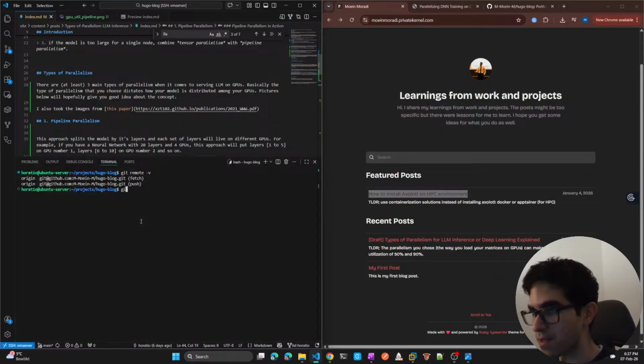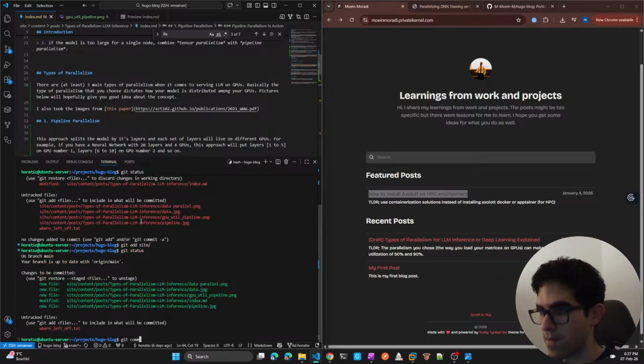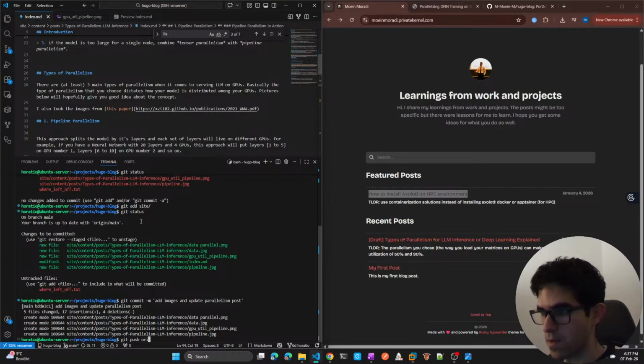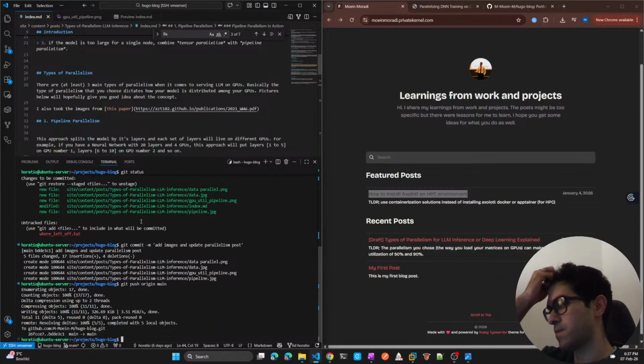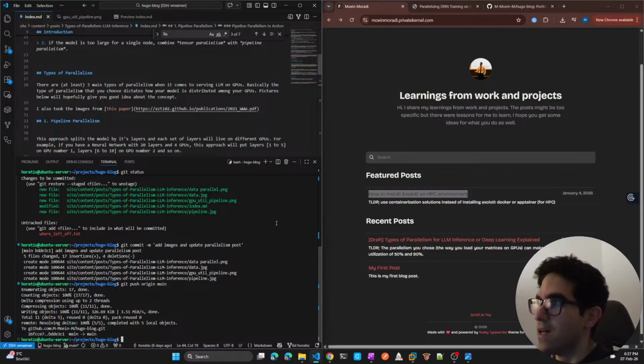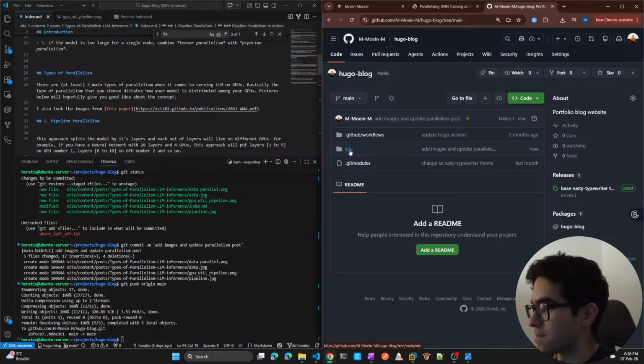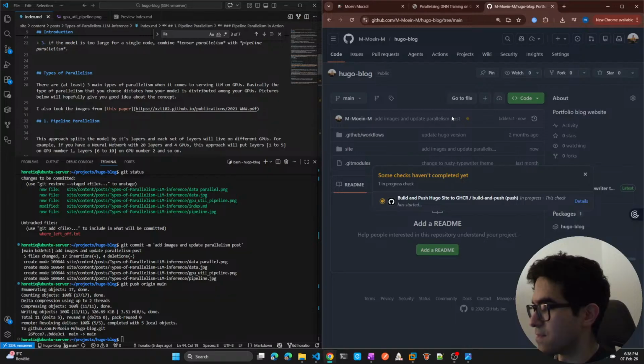I mean, actually I can also just push it now just to see if the images that I added also render or not. And updates, parallelism, post.